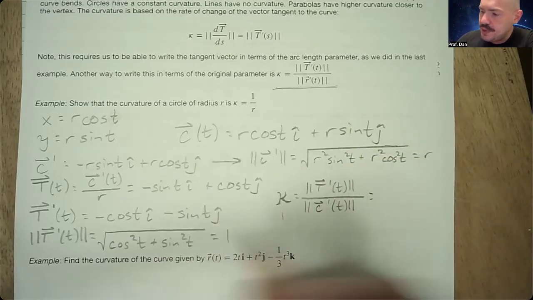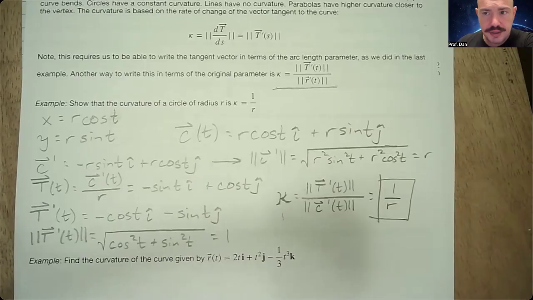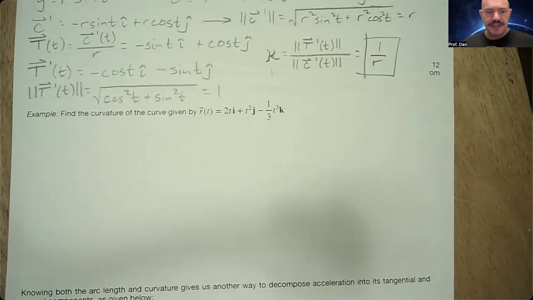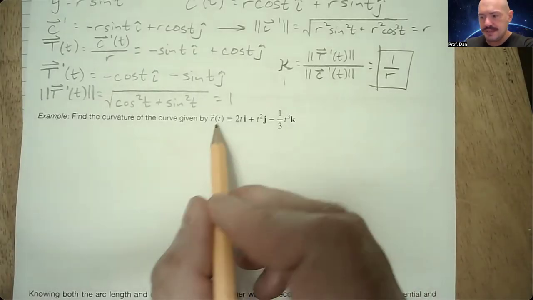We knew that this was 1, and we showed that this was r. Therefore, the curvature of a circle with radius r is 1 over r.